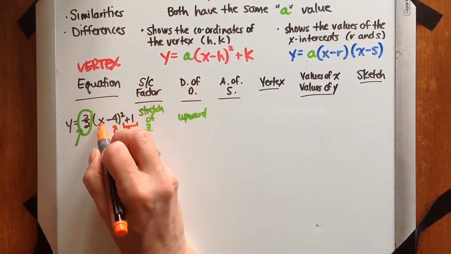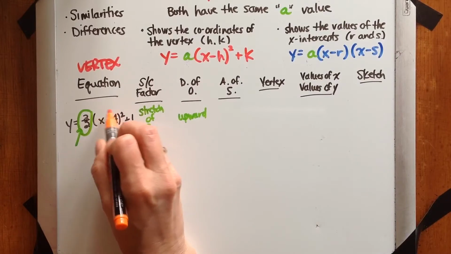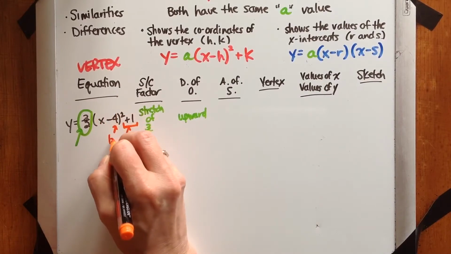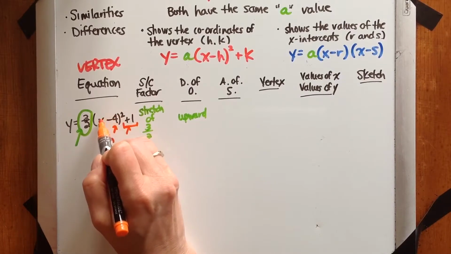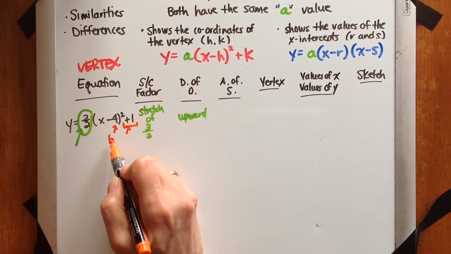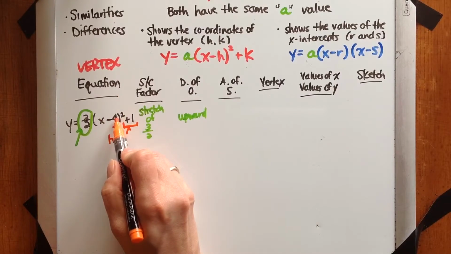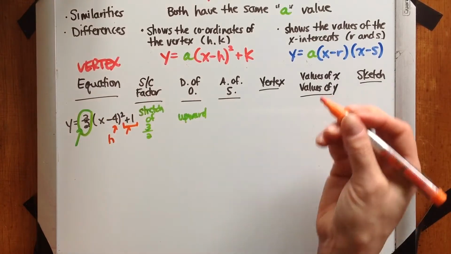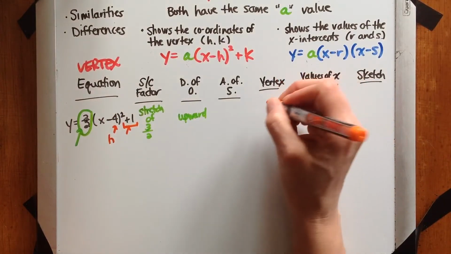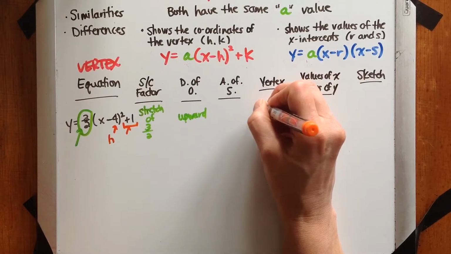Okay? Now it says x minus 4 overall. What value of h would have it read as x minus 4? Well, if h is positive 4, then x minus positive 4 will give us what we see. So the h value, or the x value of the vertex, is positive 4.